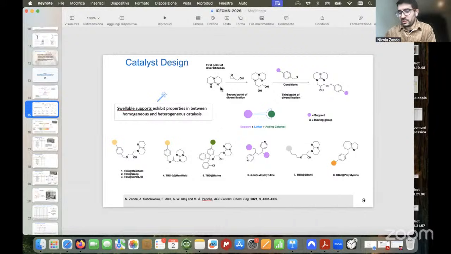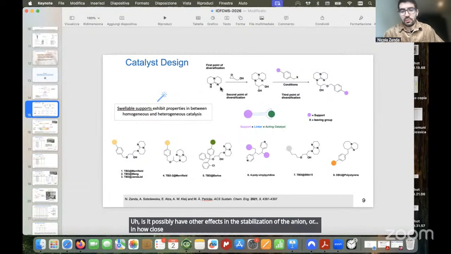It possibly has other effects in the stabilization of the anion or in how close the compounds can reach, but mostly it is accepted that its role is for the CO2 solubility.